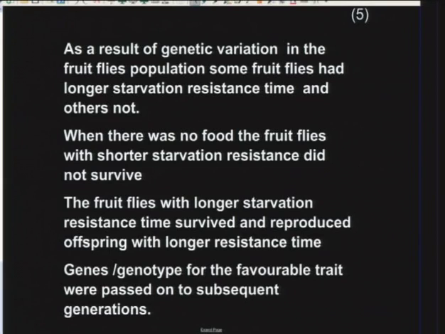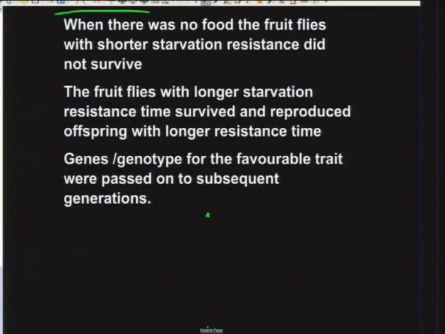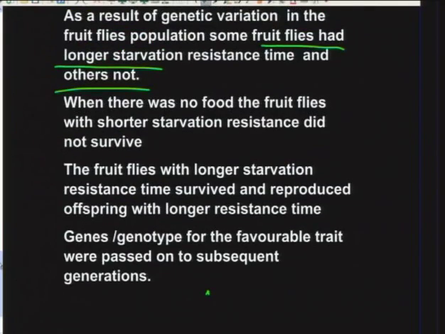Some fruit flies had longer starvation resistance time and others not. When there was no food, the fruit flies with shorter starvation resistance did not survive. They died. And the fruit flies with longer starvation resistance time survived.